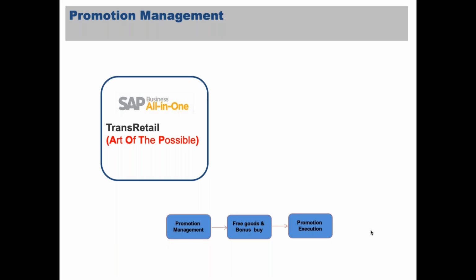Bonus buy is what I call complex promotions, like buy two get one, or buy a bill value and you get 10% discount on certain products, right? That's called banner bonus buy. All these free goods and everything, you can track in retail within our SAP landscape itself. You can achieve that by raising a sales order, and you can use that in wholesale as well as in retail.